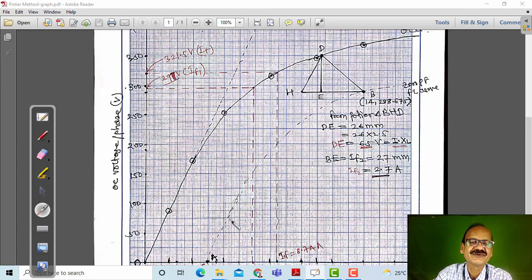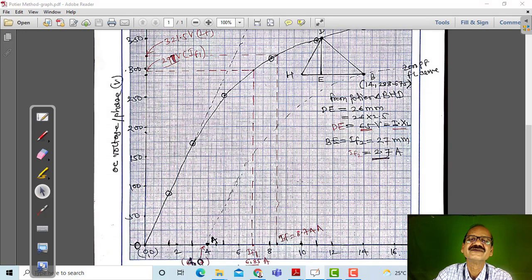Then how do we locate the 0 power factor curve? We have to locate the point A. For the point A, the coordinates are 4, 0. That means the field current required is 4 ampere to circulate the full load current equal to short circuit current, and the voltage generated is 0.